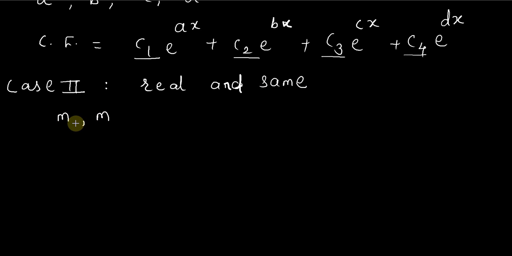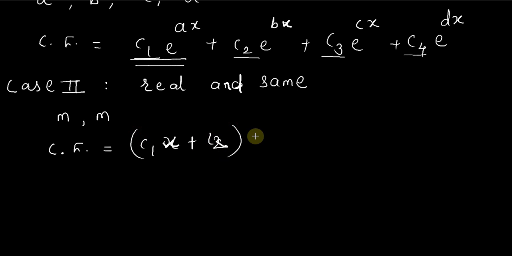Suppose both the roots are m and n. Since the roots are real, we are going to add a similar exponential term to the CF. But for the repeated part, we get C1x plus C2, times e raised to mx.